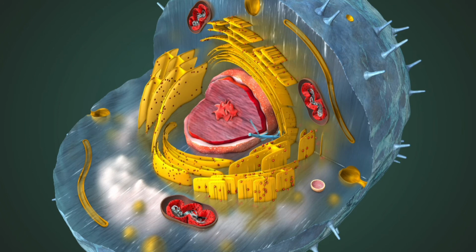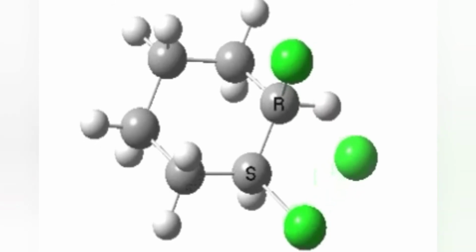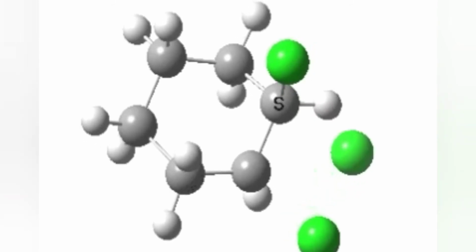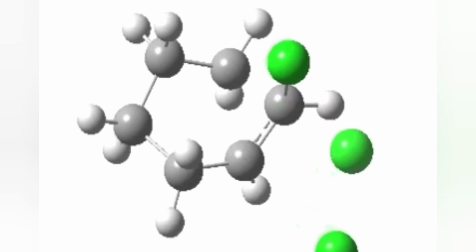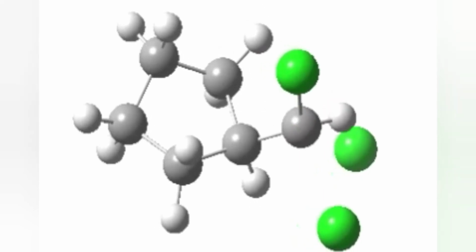Now, a cell is composed of a variety of atoms. A cell is made up of carbon, hydrogen, oxygen, which are the various components of many biologically important molecules. Other than the basic elements, some metals and some non-metals are also part of the cellular materials.